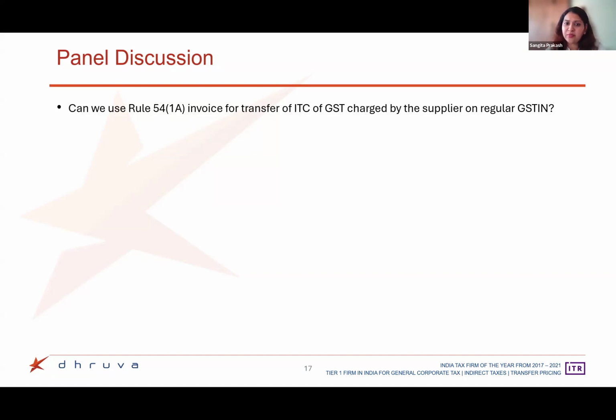Companies have been using this, and there were no questions raised either. However, with the recent amendment and the language that has been employed, which is that it is restricted to RCM cases, I don't see this as a possibility any longer. Past cases where this has been used, I think the position is defendable. I don't think there's anything in the law that restricts it. However, going forward, 54(1)(a) will need to be restricted to RCM cases. Understood.